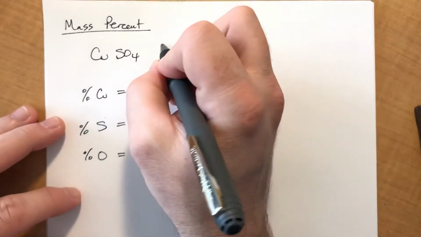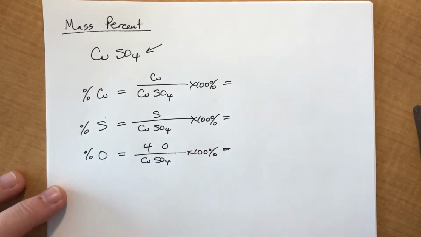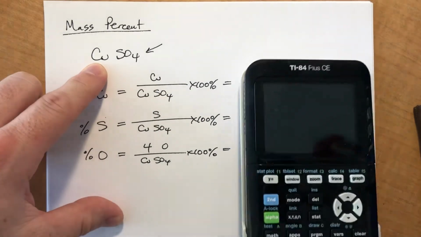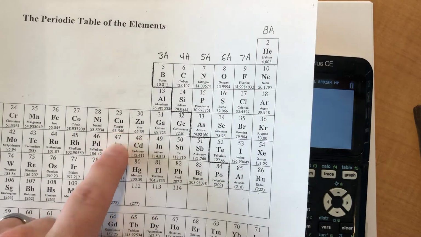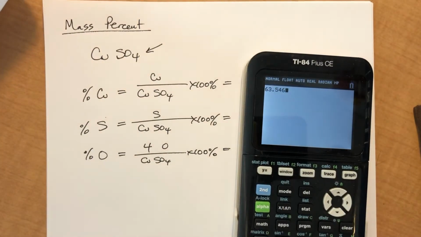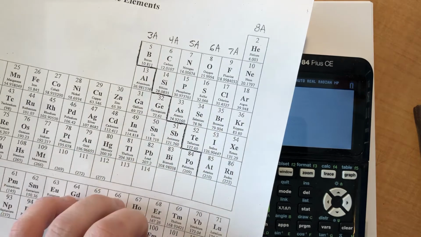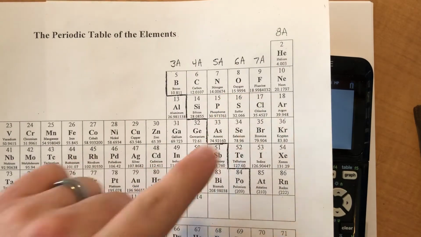So, first things first, let's add up the molar mass of this whole thing, because we're going to use that number 3 separate times, we might as well just write it down. Copper is 63.546 if you look at the periodic table, plus sulfur, which is 32.066, plus 4 times oxygen, which is 15.999.